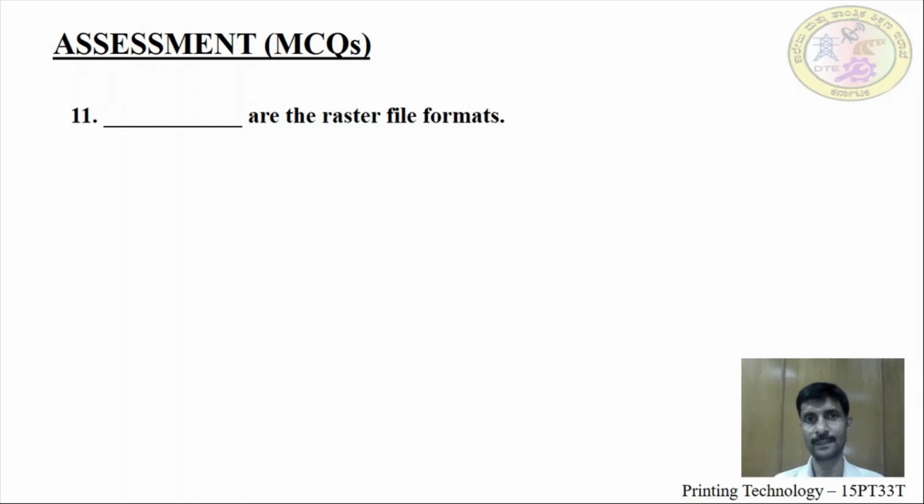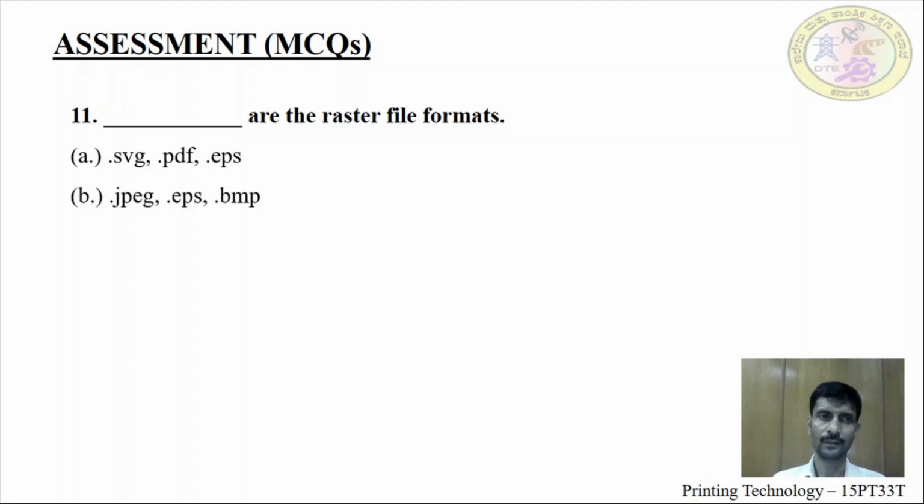We may call them bitmap file formats. The options given are .svg, .pdf, .eps. EPS and PDF are vector-based file formats. Next, .jpeg, .eps, .bmp. .eps is a vector-based file format. Next is .bmp, .jpeg, and .tiff, made up of pixels. Last one is none of the above.